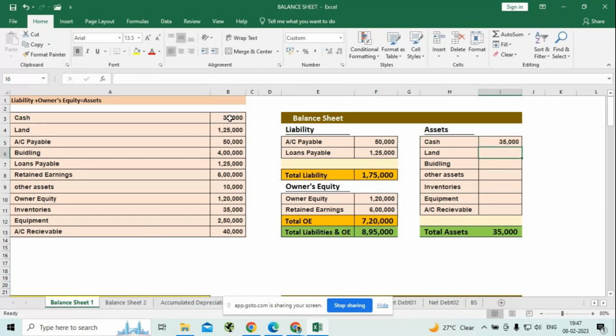The land value is 1 lakh 25,000. The building value is 4 lakh.